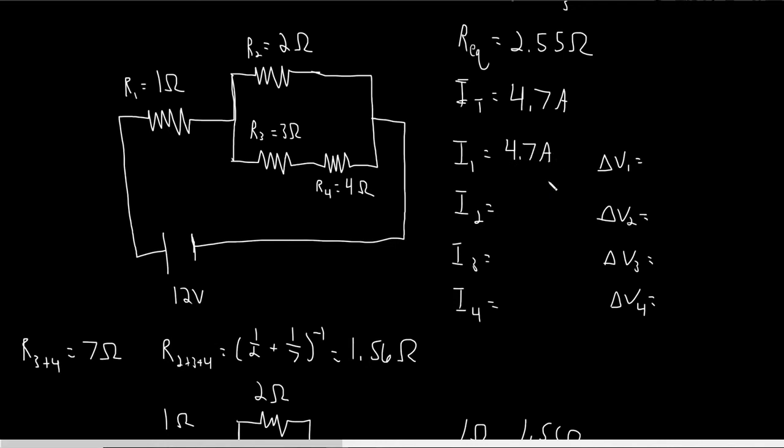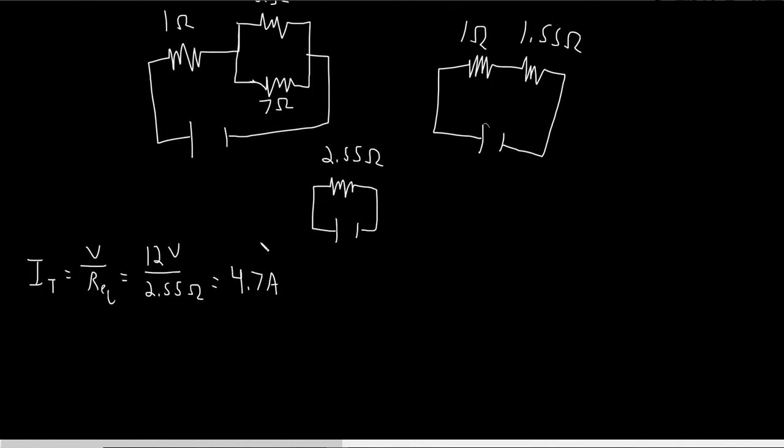Now to figure out the voltage drop for resistor 1, I go back and look at Ohm's law. I equals V over R. In this case, I'm looking for the voltage drop, so I'm looking for V. If I is V over R, to solve for V, just multiply both sides by R. Voltage is equal to current times resistance.